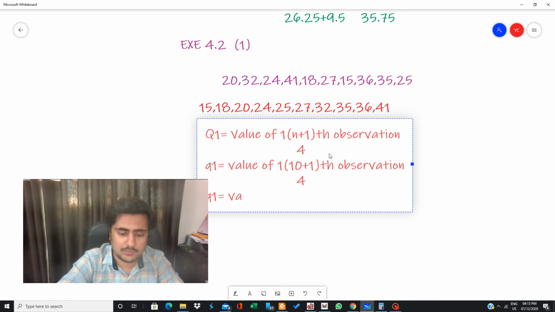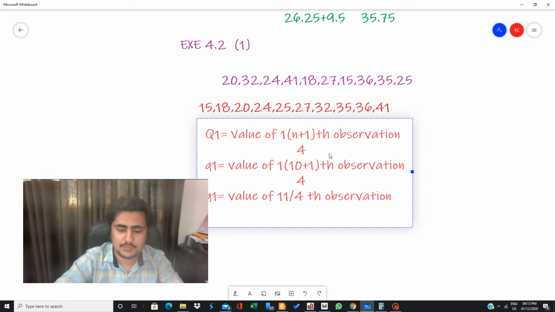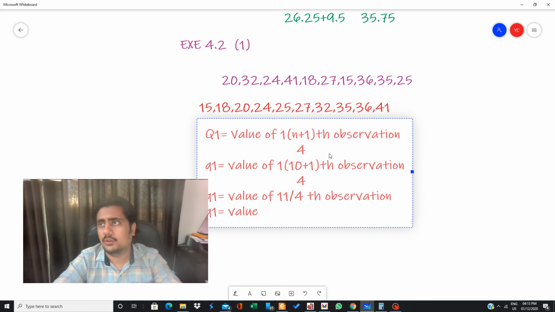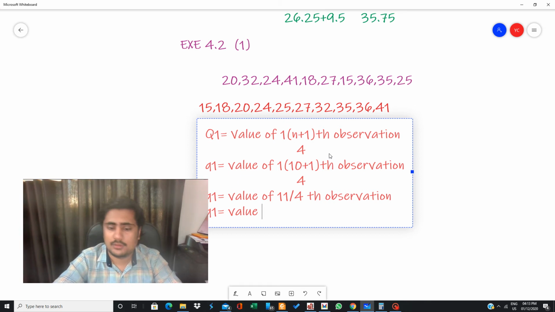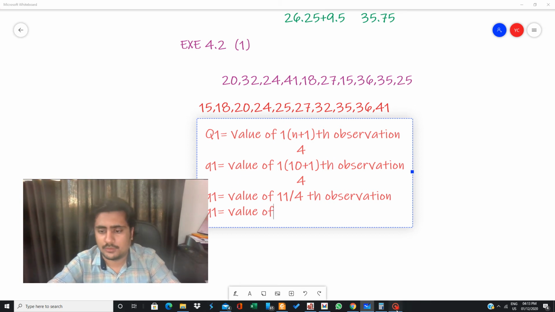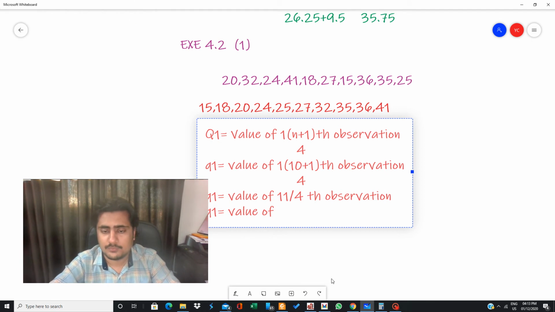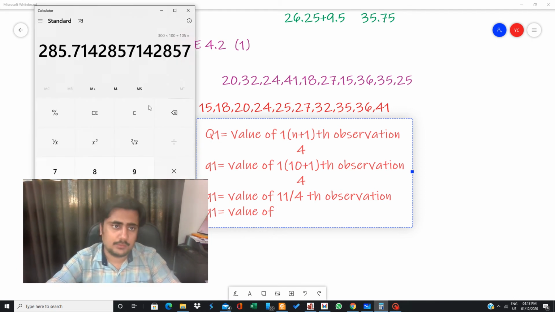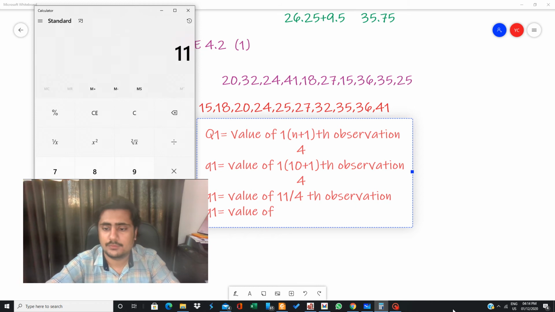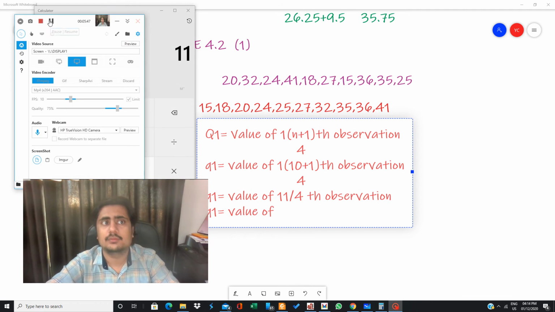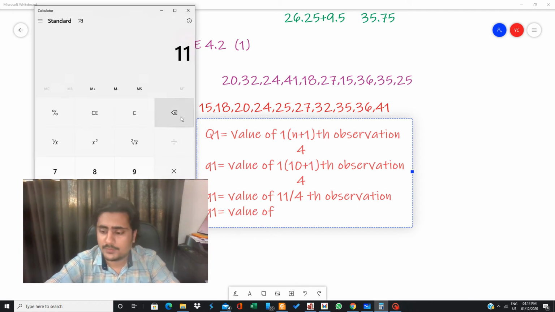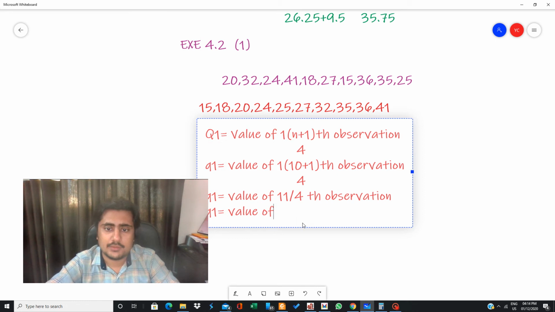Q1 is the value of 11 upon 4th observation. Now what is 11 upon 4? 2.75.